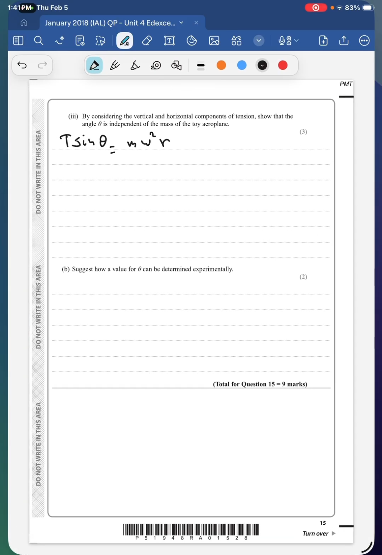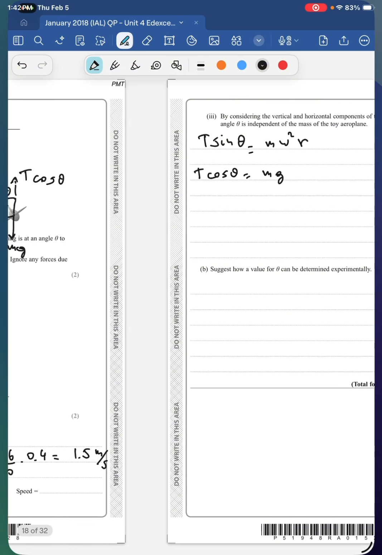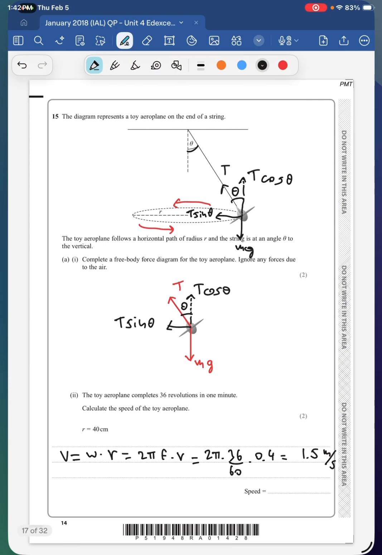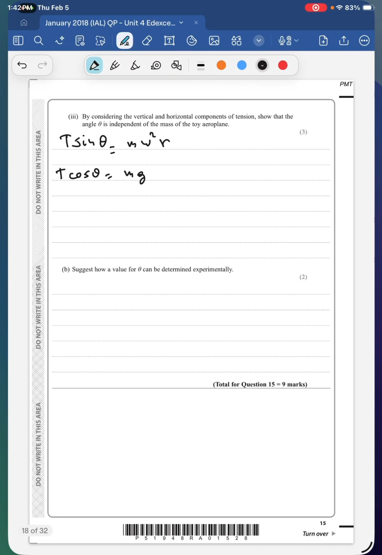T sine theta is m omega squared times r, and then T cosine theta balances the weight, because if it didn't, we would have an upward motion, which we are told that we don't have. So T cosine theta is m times g. Now, if we divide these equations, we get tangent of theta, the masses cancel nicely, is equal to omega squared times r over g.